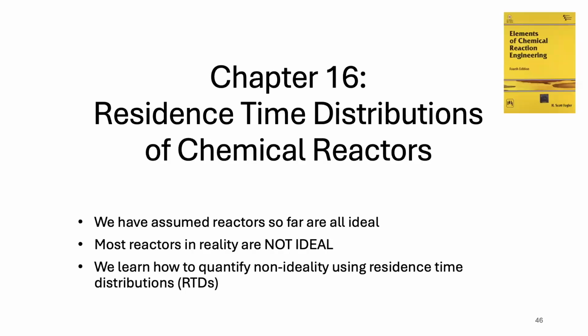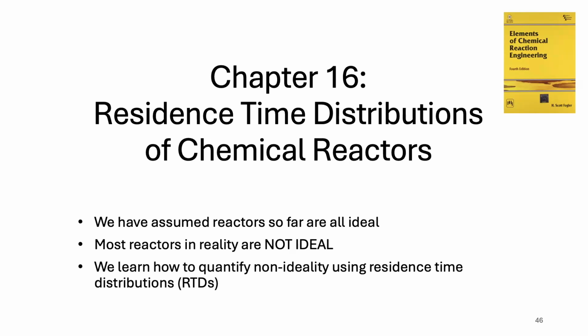And finally, we'll conclude this module by talking about Chapter 16, Residence Time Distributions of Chemical Reactors. Now, so far in the course, we've assumed that all reactors that we're talking about are ideal. Mostly that means with respect to their mixing environment. But most reactors in reality are not ideal.